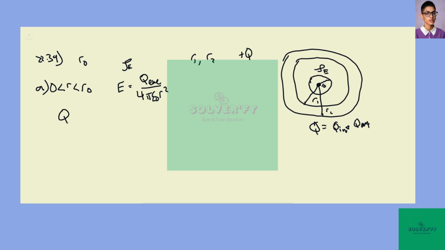So Q enclosed for r less than r naught is given by the charge density times how much volume we've gotten through so far. Cool. So if we plug that into our equation right here, we see that E now equals rho E r over 3 epsilon naught.